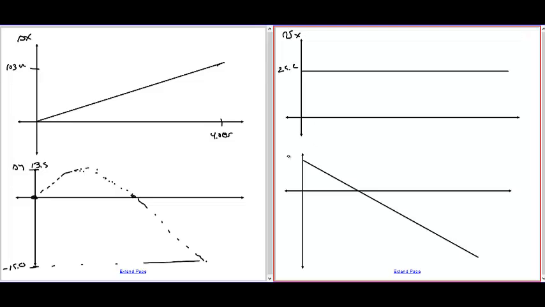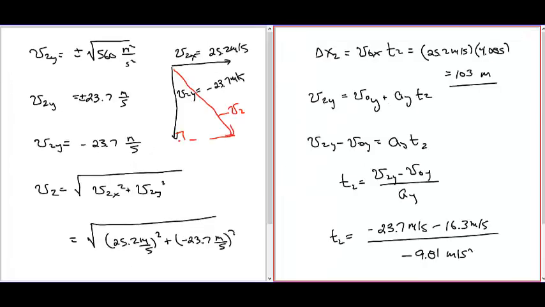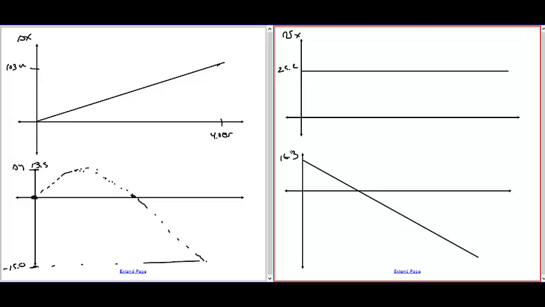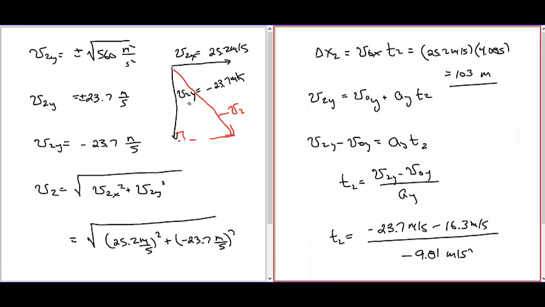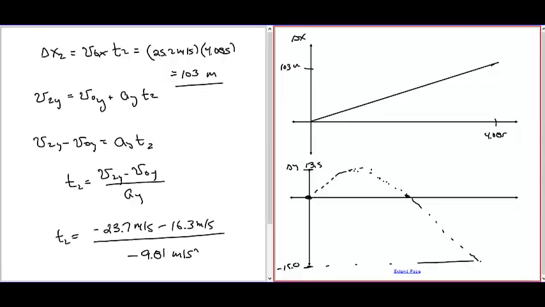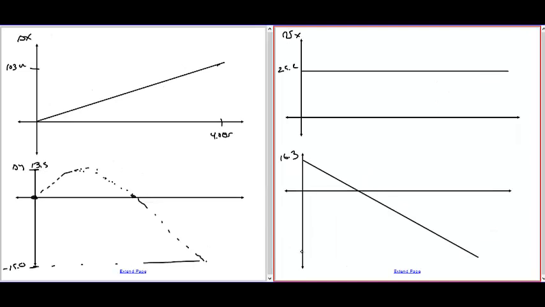Now here this one was 16 point something, 16.3. And the final y velocity was negative 24 basically. So that's going to be down here somewhere. Negative 24. So I probably should shift this out a little bit like that. Okay, so I'm going to pause it, make sure I got everything right here. Hopefully I did. Okay, so it's correct.